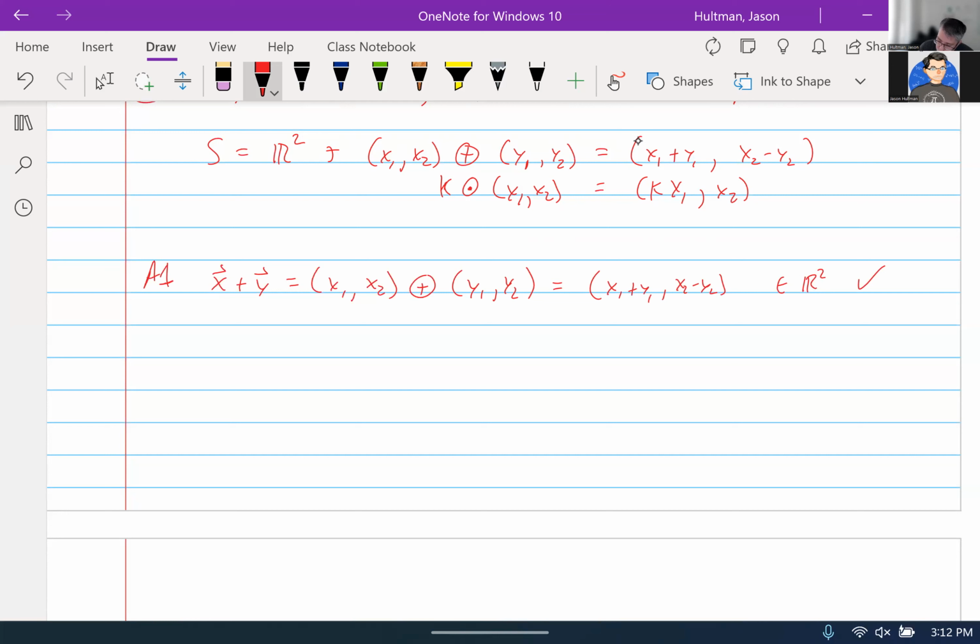We're not getting a third component. We stay with two components, we end with two components, so that's good. That one works.